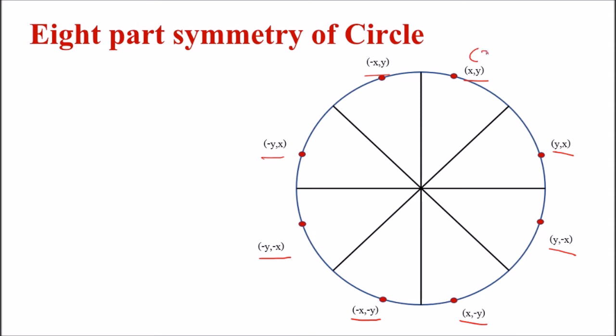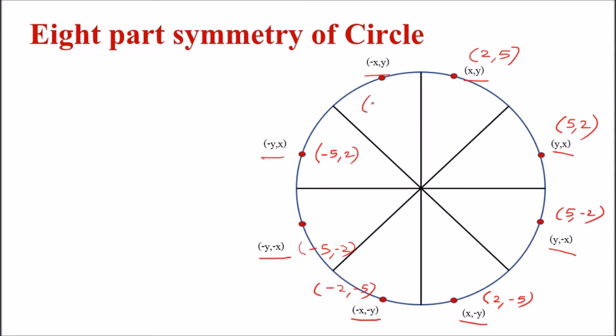If the value is 2 comma 5, here it will be 5 comma 2, here 5 comma minus 2, here 2 comma minus 5, then minus 2 comma minus 5, then minus 5 comma minus 2, then minus 5 comma 2, then minus 2 comma 5.